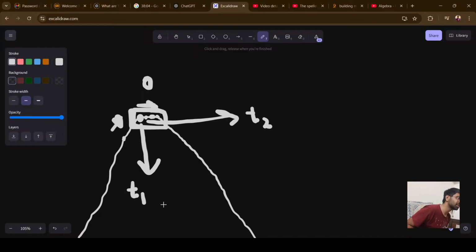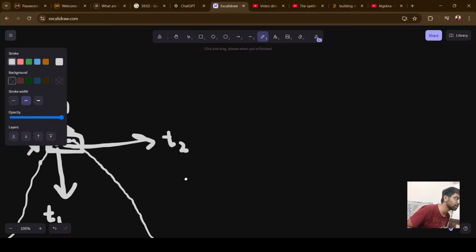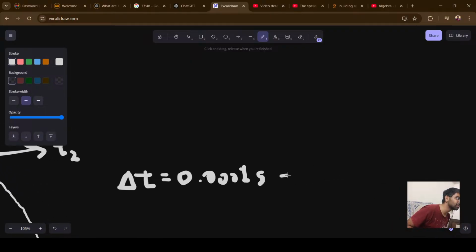And the difference between them is very small. That is, delta of T is very small, 0.0001 seconds, which we can say is very close to 0.